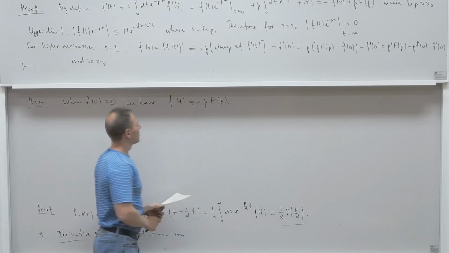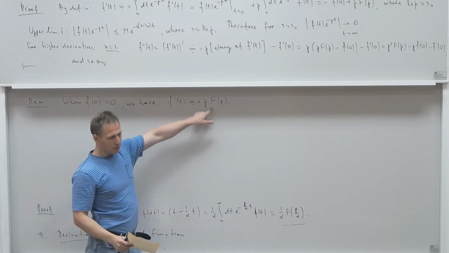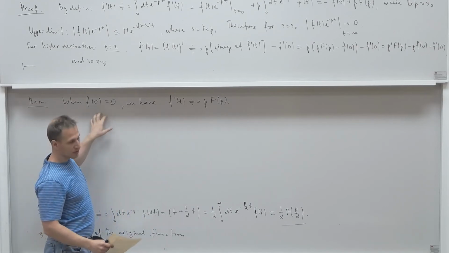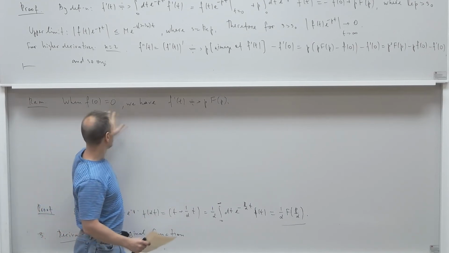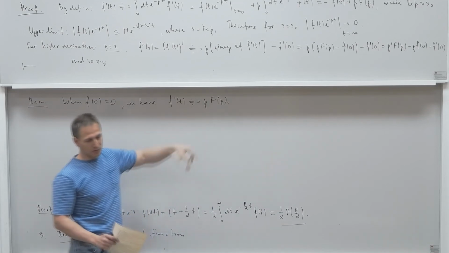As we see, the derivative of the original is transformed into a multiplication by p, but of course only in this case. And if this is not the case, then additional terms appear on the right hand side of this expression.